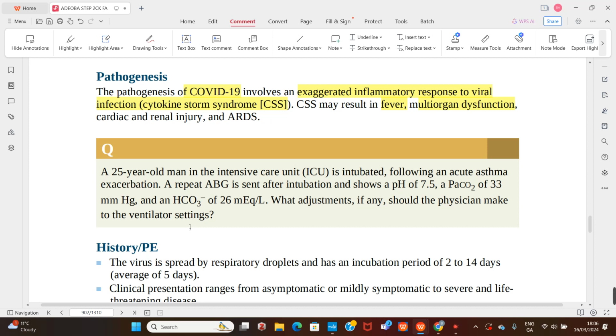So you can either increase tidal volume, decrease tidal volume, or decrease respiratory rate. But we will preferably decrease respiratory rate, so we will always be correct. Because if you decrease tidal volume, it will trigger an increase in the respiratory rate, so it will be counterproductive at the end of the day.